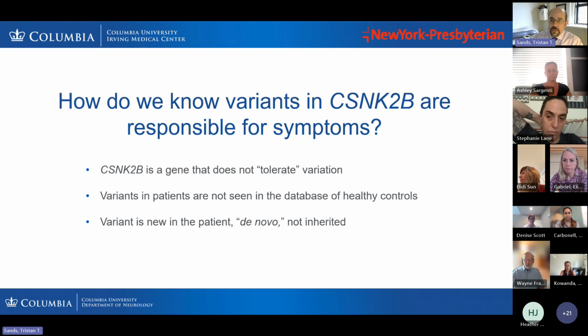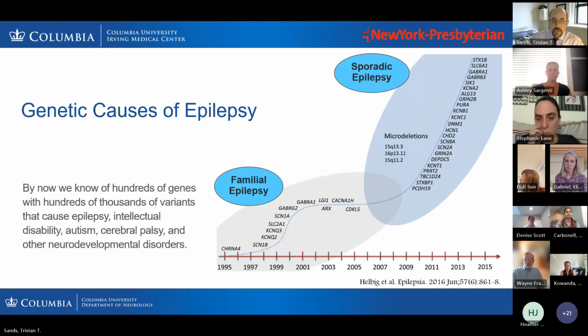So it's a new problem in the child that wasn't there in the parent, and it goes along with a new change in this gene that really doesn't change from person to person. And it turns out that there are a lot of genes like this. And you might expect that because the brain is really complex and a lot of things have to happen in the right ways.